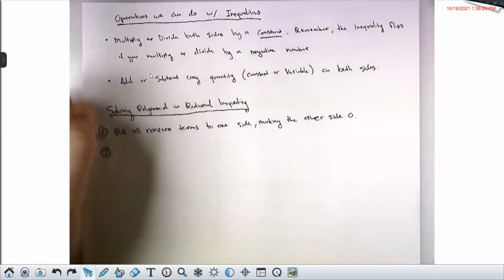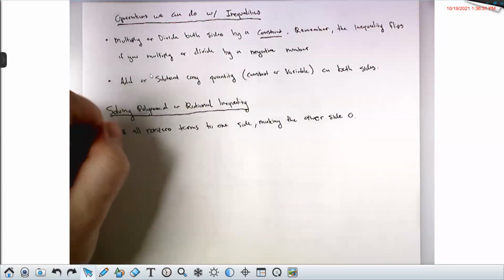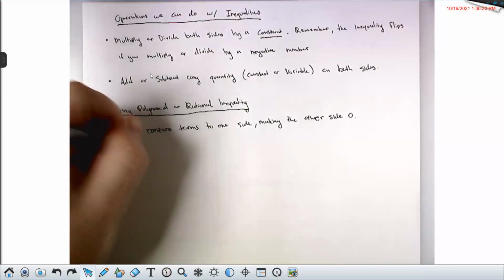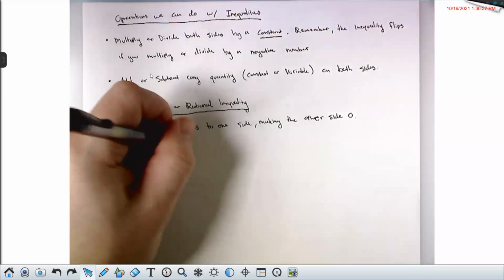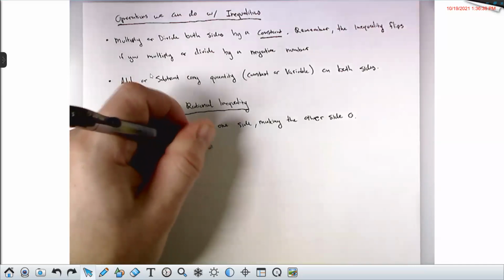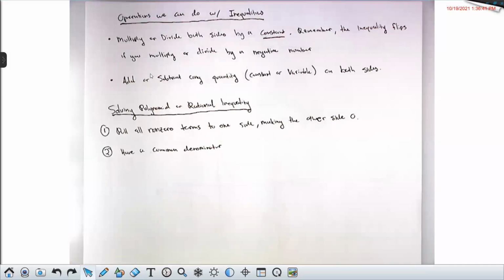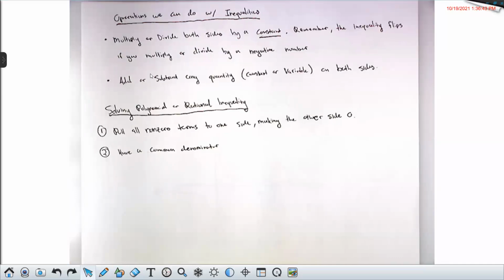Second, you may need to have a common denominator. Right? If you're looking at a rational inequality where there's like x's downstairs, you need to put everything together into a common denominator.